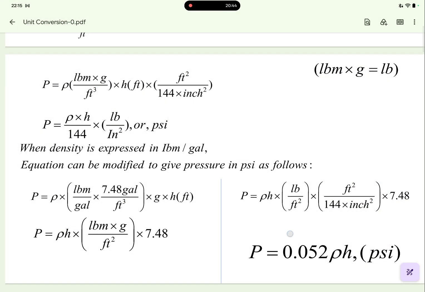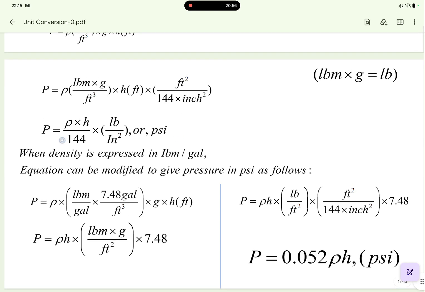So here, the same thing, you will get the pressure. This formula is valid when you have taken the density in PCF, pounds per cubic feet. And now coming to the next expression on this slide: when you want to take the density in terms of ppg, pounds per gallon, simply you have to write P equals the density, which I have taken as lbm per gallon, and we know that 1 gallon is equal to 7 point something.